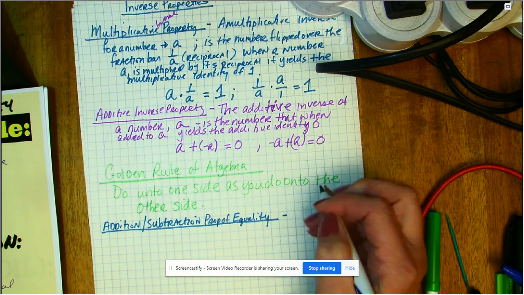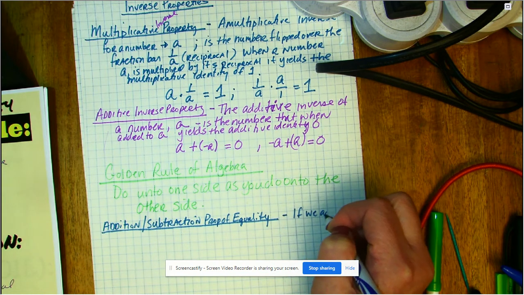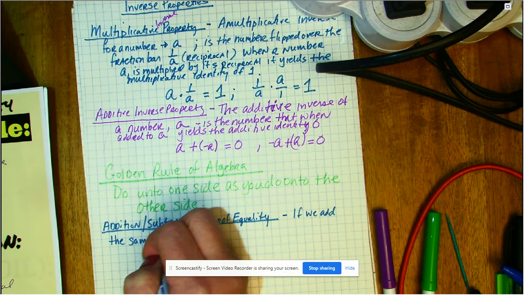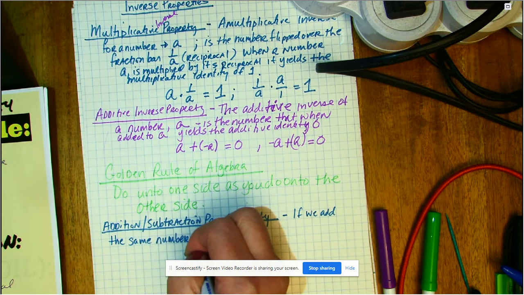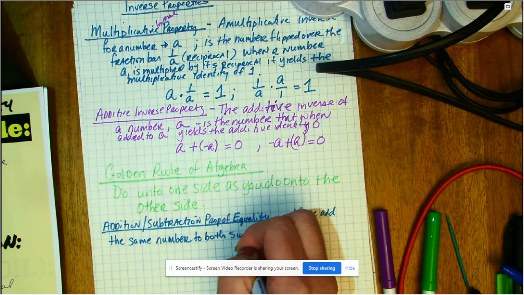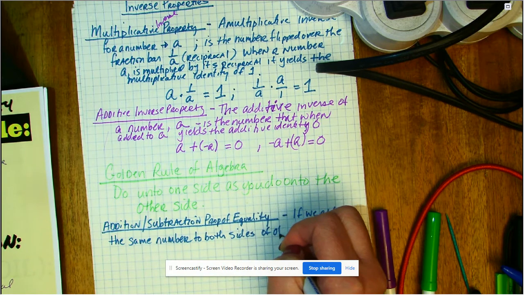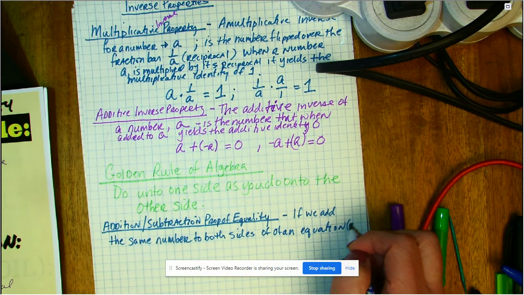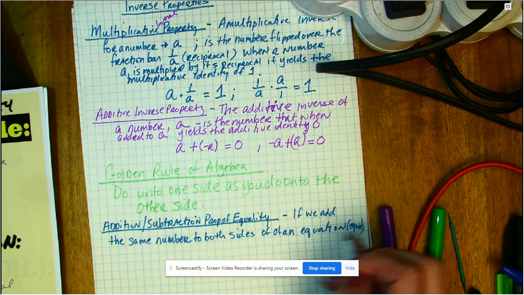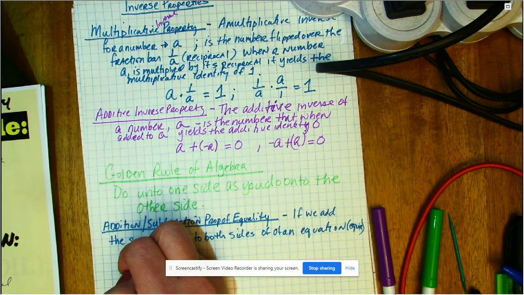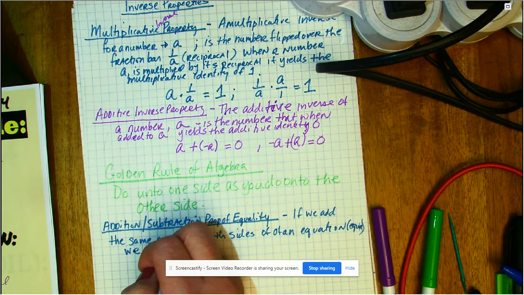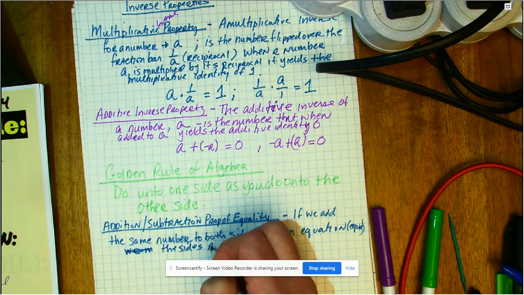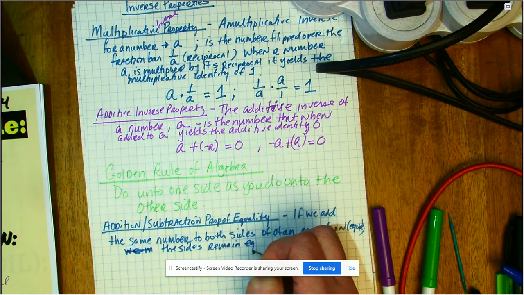And this tells us if we add the same number to both sides of an equation, or the equal sign, essentially, the sides remain equal.